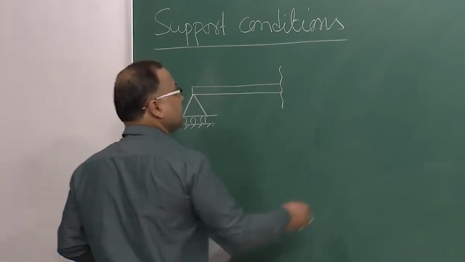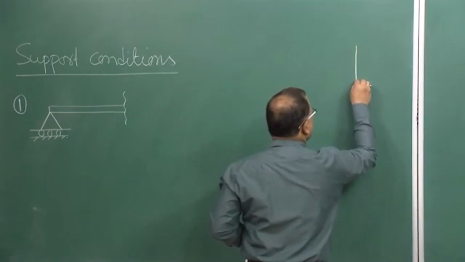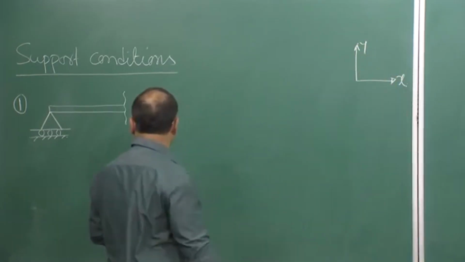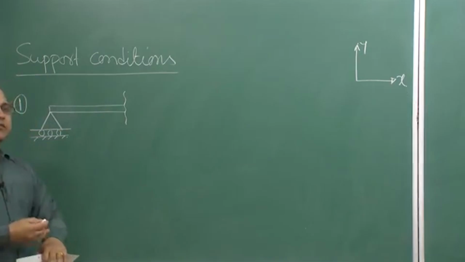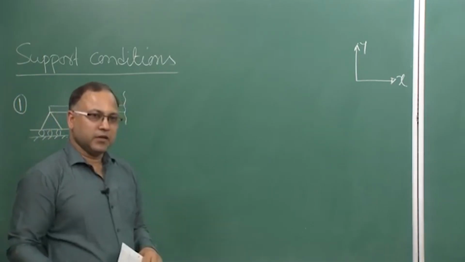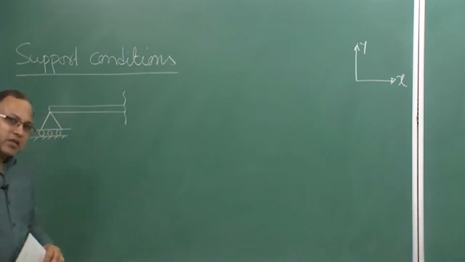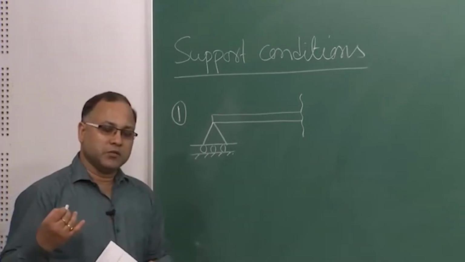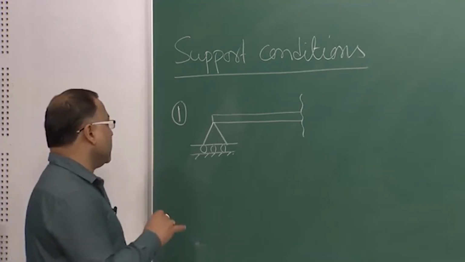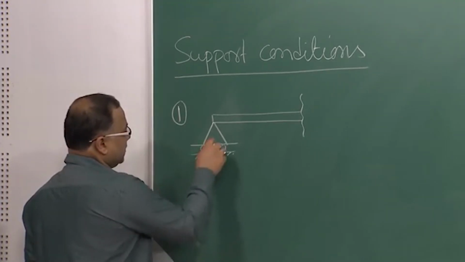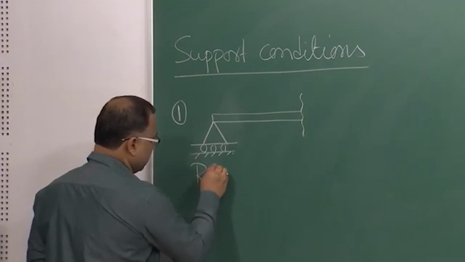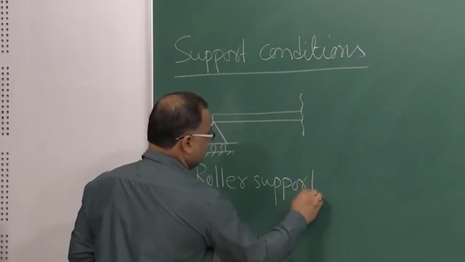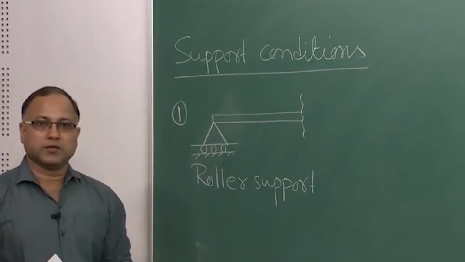If I consider this is my xy plane, this beam is spanning in the xy plane. So, this is a planar structure, you can say. In the z direction we are not considering at this moment. This support is known as roller support, as it is resting on rollers.